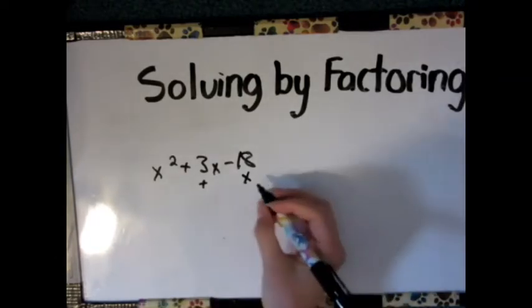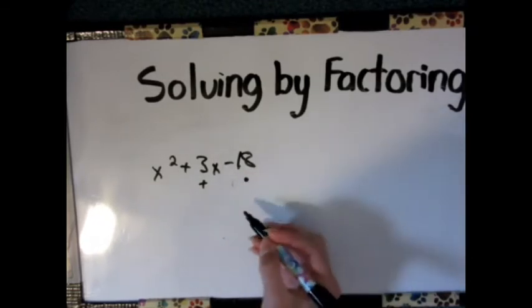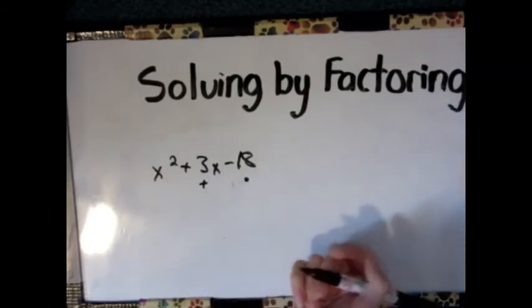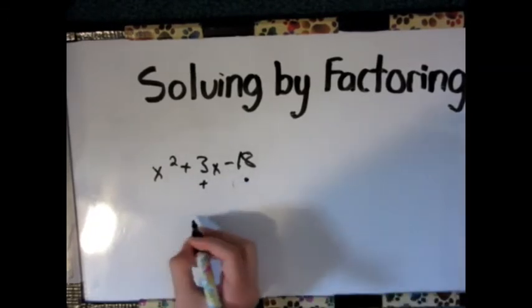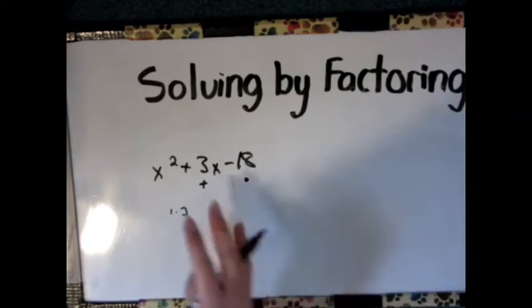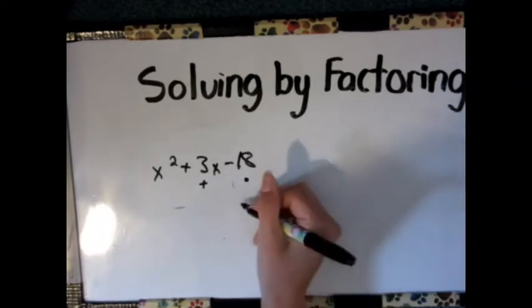But all we need to know right now is that you need to find two numbers that multiply to get negative 18 and add to get 3. So we can go through a list of factors for 18.